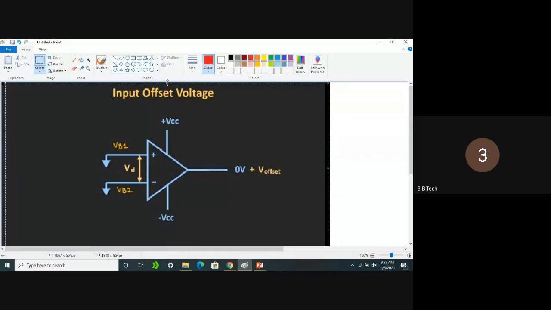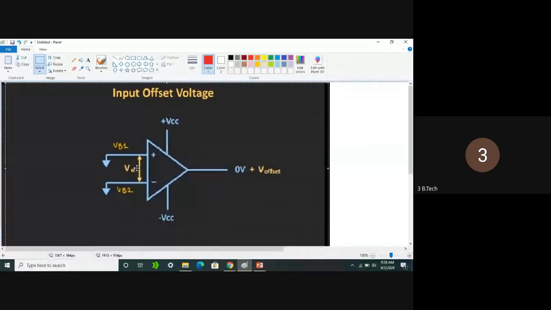And while constructing the amplifier, what precautions can we take? As we have seen in DC analysis, we should maintain the same biasing voltages for Q1 and Q2, but those biasing voltages are ideally equal, practically not equal.